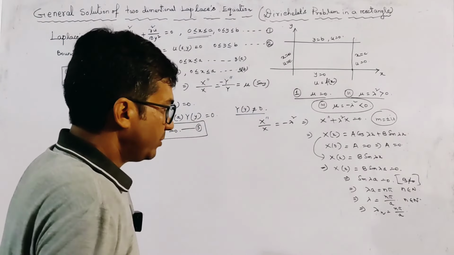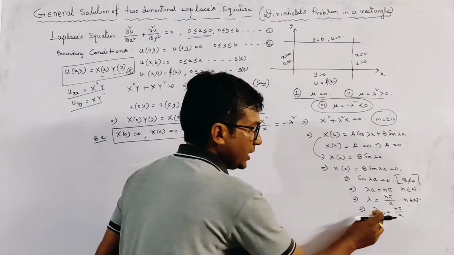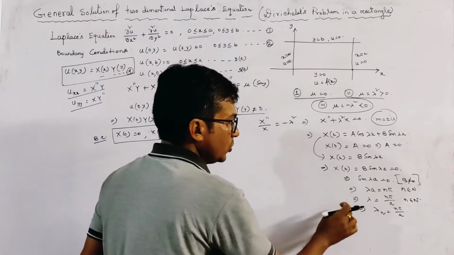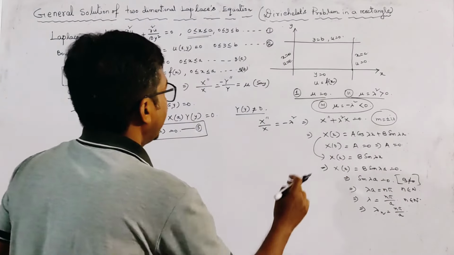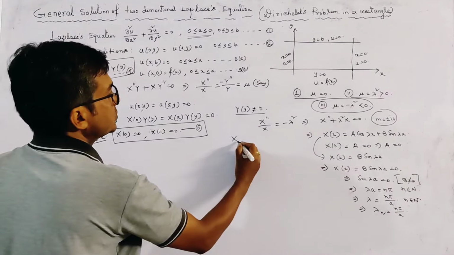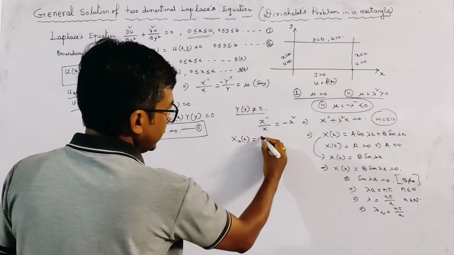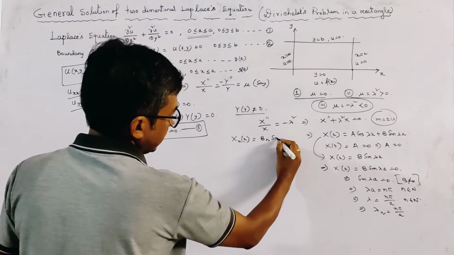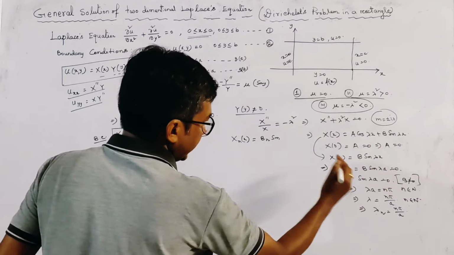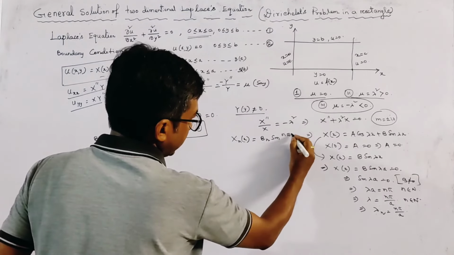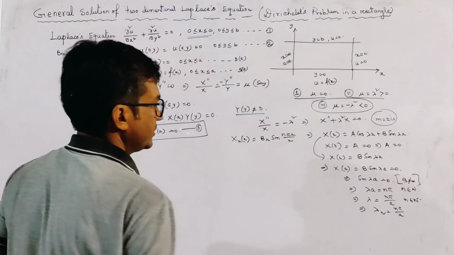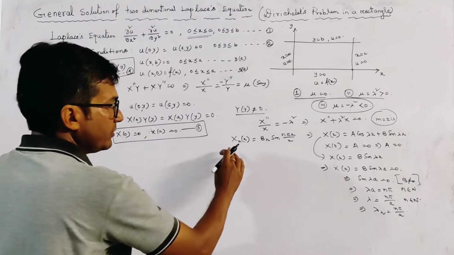By putting the value of λn here, we write Xn(x) equal to Bn sin(nπx by a). This is the value of Xn.